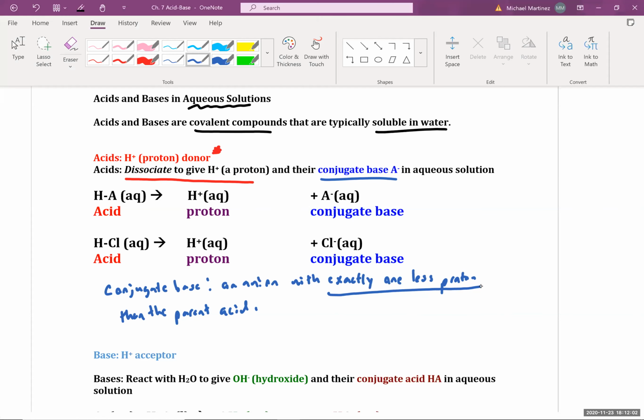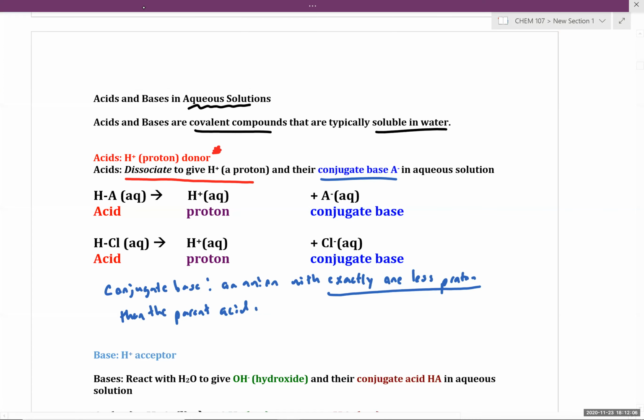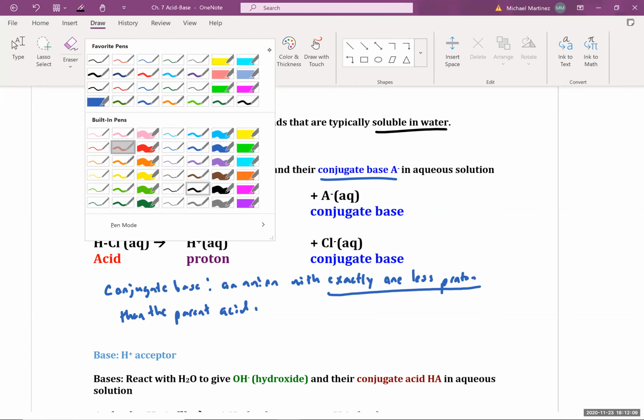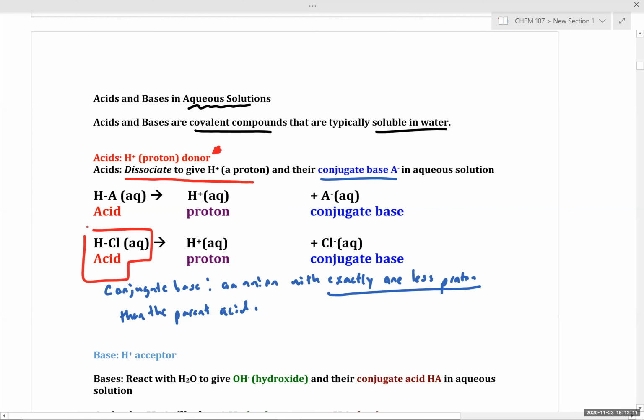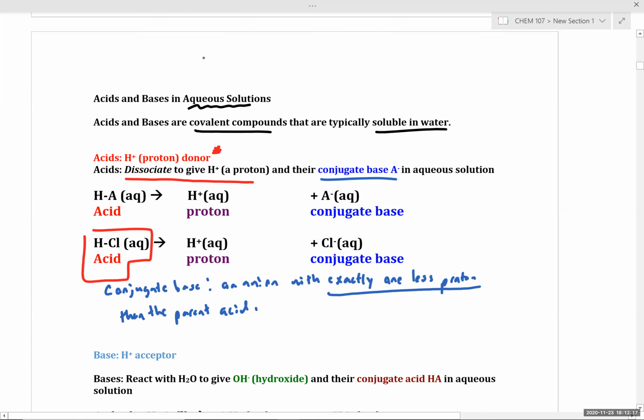So in this case, if we label HCl, hydrochloric acid, as our parent acid, what is the conjugate base of HCl? What happens if we lose a proton from HCl? What do we get? What's the conjugate base of HCl?